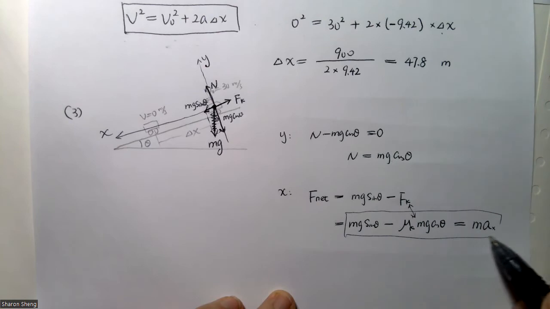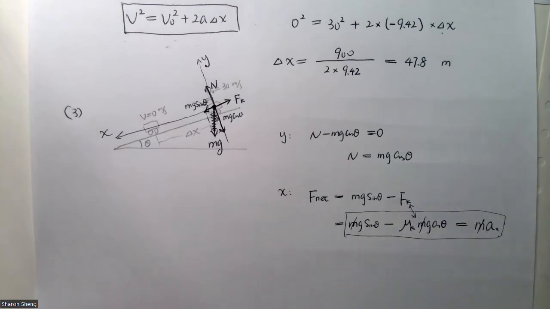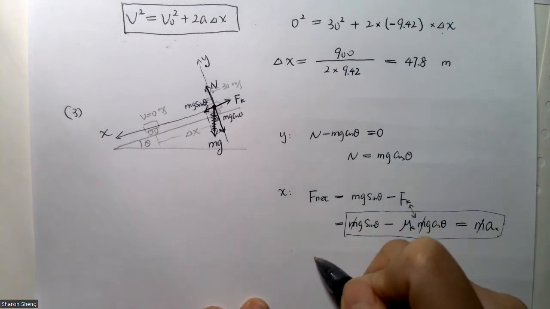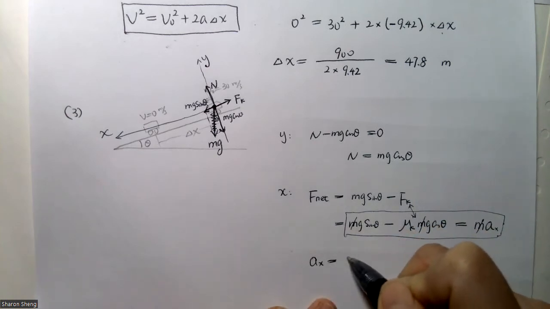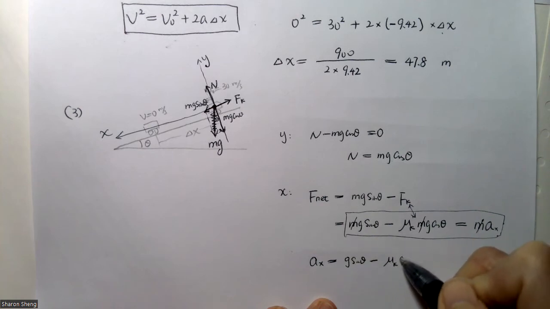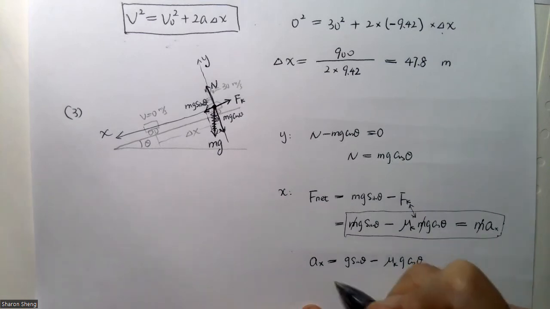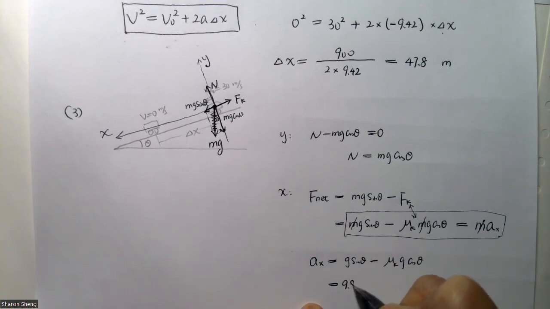Okay, so look at the equation right here. Net force equals ma. It really does not matter what the mass of the car is. It does not affect the acceleration. So ax equals g sine theta minus mu k g cosine theta. Symbolic expression. Then we plug in numbers. g is 9.8.